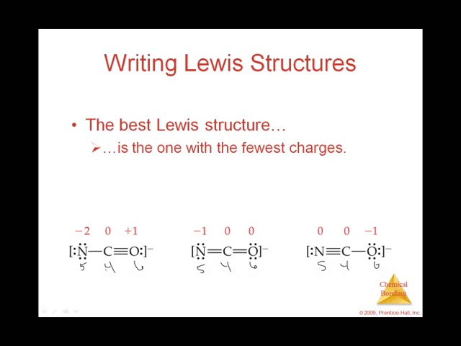With this structure, with a single and a triple, oxygen has 2, 4, 6, 7, which gives it a -2. Carbon has 1, 2, 3, 4, which makes it okay. Oxygen has 2, 3, 4, 5, which gives it a +1. Now you want the charge on this whole thing to end up being the charge of this ion, which is -1.